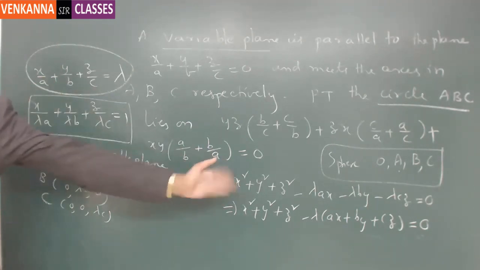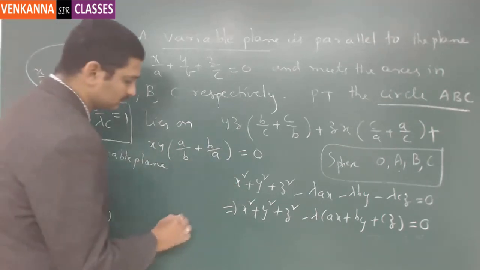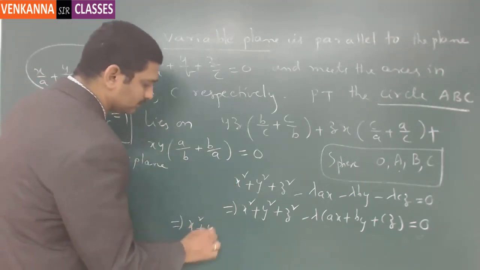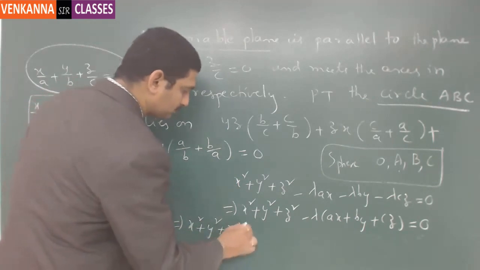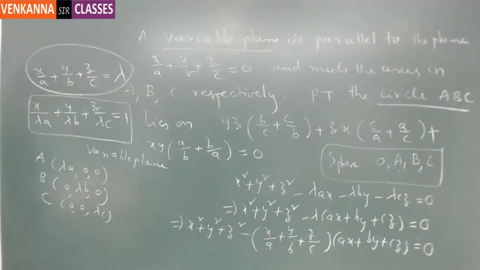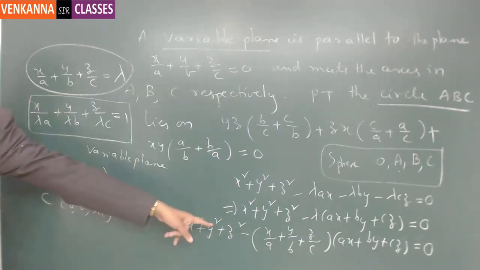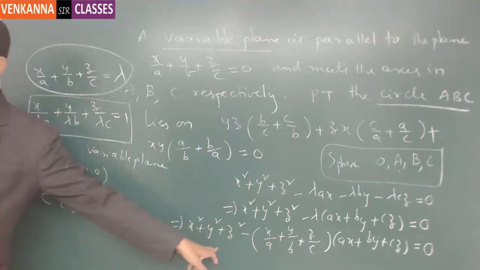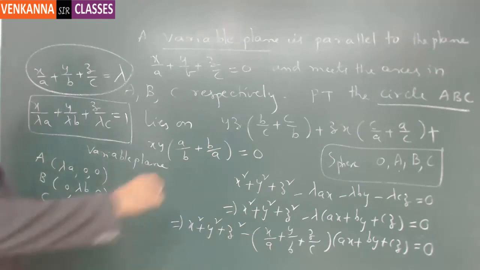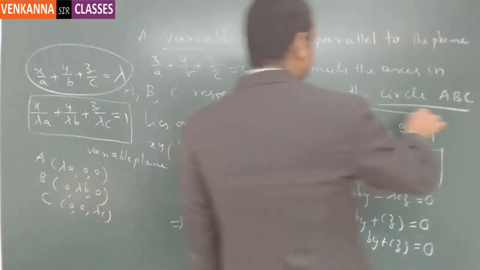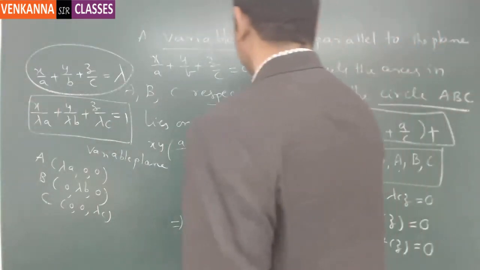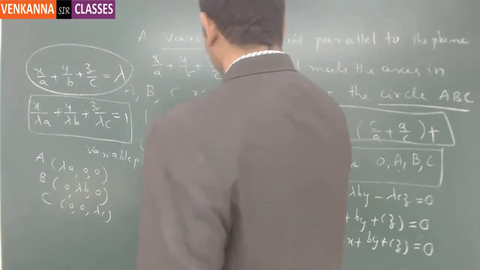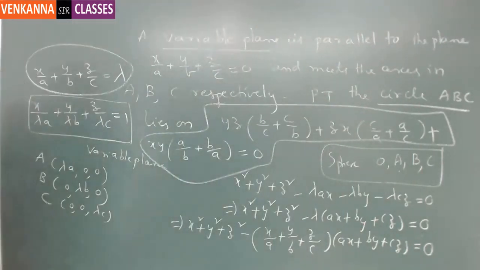Straight away substitute the value there. So if you multiply with that number, x square, y square, z square get cancelled and the required locus will come. It's a simple problem.